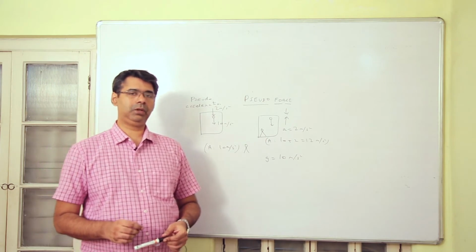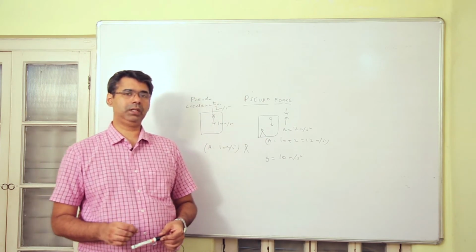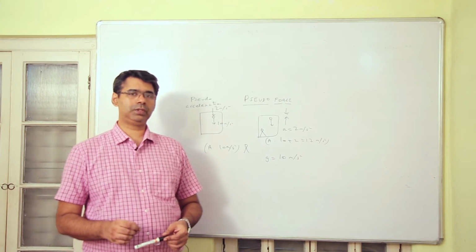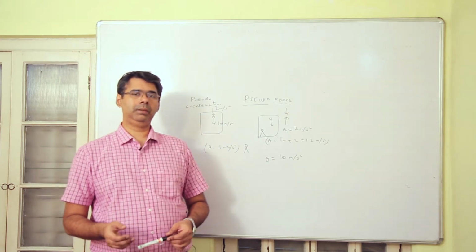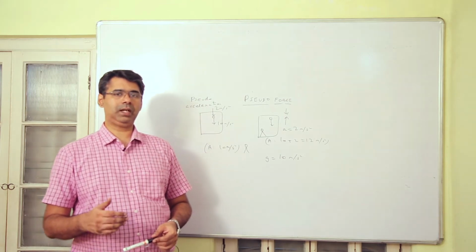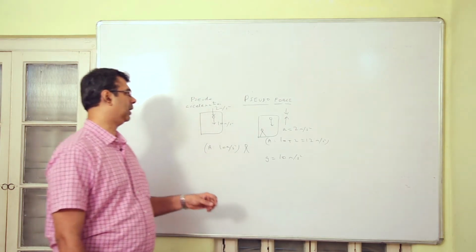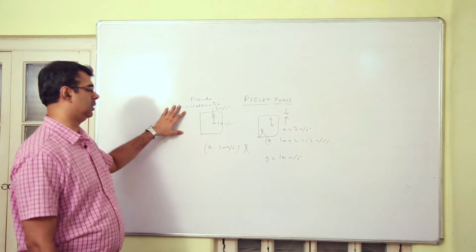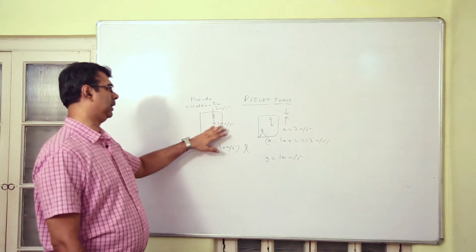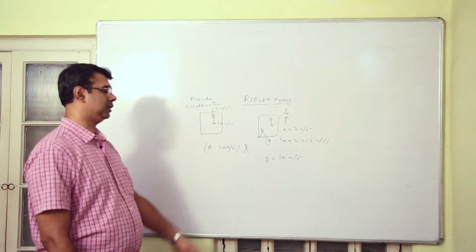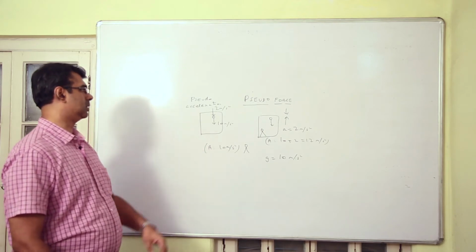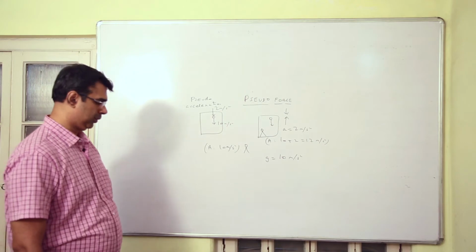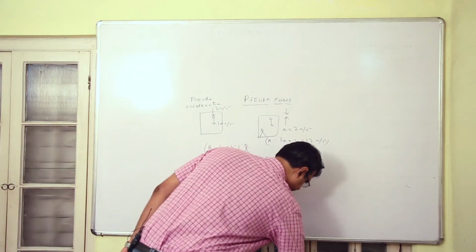If the frame of the observer is non-inertial, a pseudo force must be applied to make the frame inertial before Newton's laws are applied. So by applying this pseudo acceleration, we have been able to make this frame inertial, and now we can easily apply the Newton's laws. So this is an example of pseudo acceleration.